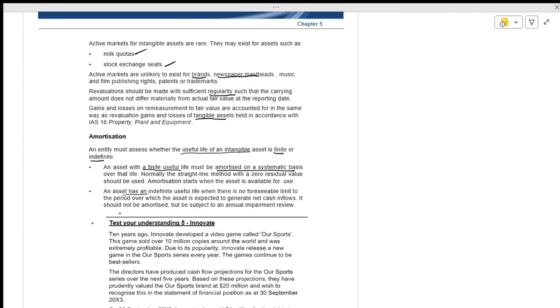An asset with an indefinite useful life, where there is no foreseeable limit to the period over which it is expected to generate cash flow, should not be amortized, but it should be tested for impairment. If it is an indefinite useful life, it is impairment. If it is a finite useful life, it should be amortized.